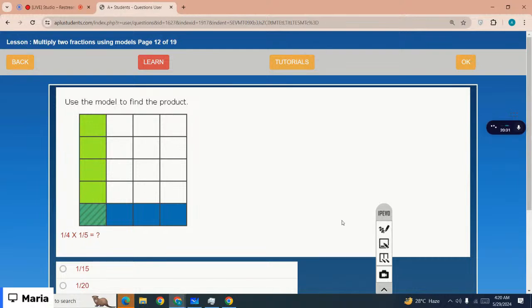The correct option is 1 over 20. Okay, you can complete the lesson by yourself later today. Let's just move on to the next lesson.